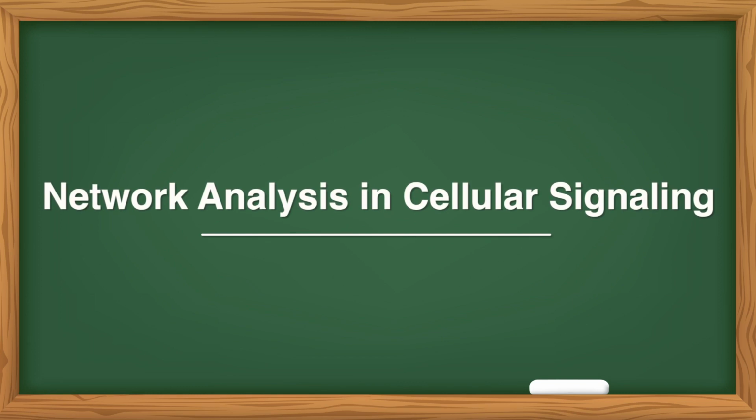Let us talk about network analysis in cellular signaling pathways. So, moving on to network analysis in cellular signaling, imagine this as examining the entire communication infrastructure of a city. In cellular signaling, it is about studying how different signaling pathways and molecules are interconnected.